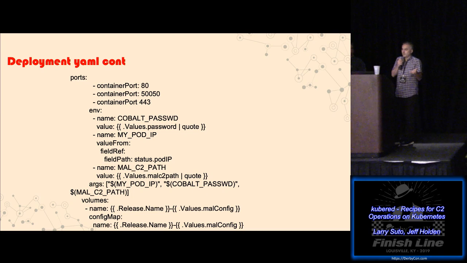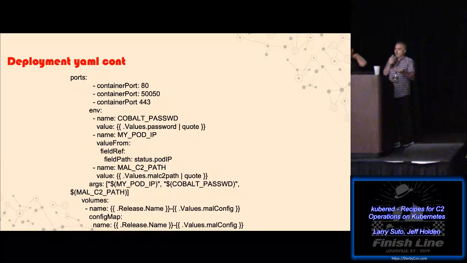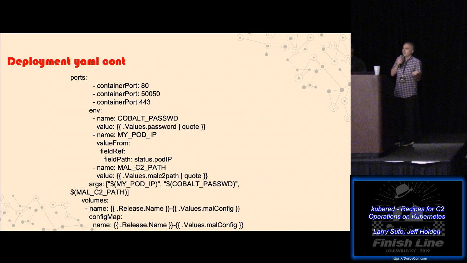One thing that's really cool, if people work with the team server: traditionally, when you start it up, you have to provide the password and IP address, and if you're using malleable C2 profiles, you have to provide that. With this, that's all automated. You just put that into the values.yaml file, and with the Helm command you can deploy it anywhere you want, as many copies as you want.